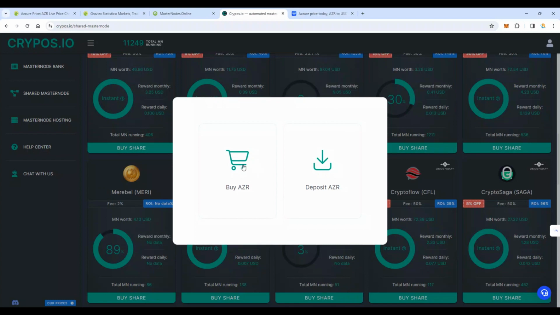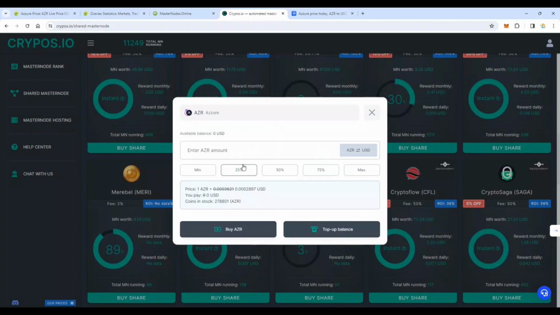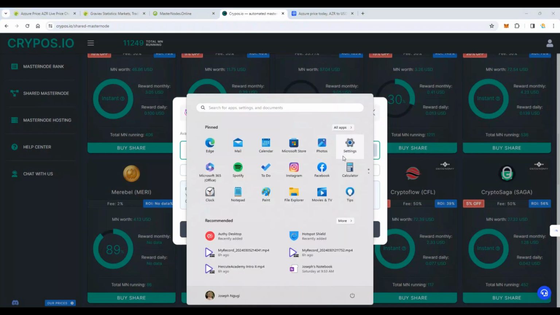But now, another problem with this, which you're going to notice just now, is that they might not have enough. Now, look, the maximum that you can buy from Crypos, they have coins in stock, enter the Azure amount. So the maximum they can sell to you is only 3,452.